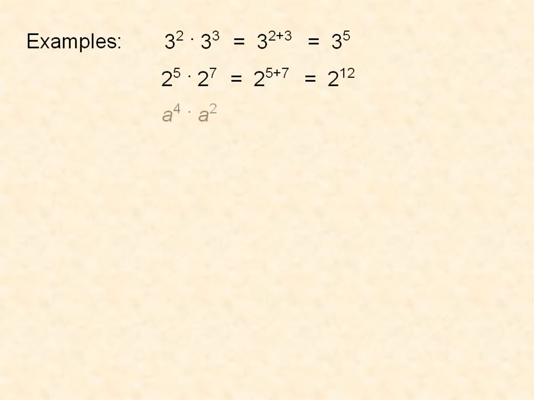A to the fourth times a squared is a to the 4 plus 2, so it's a to the 6th. P to the fifth times p to the third times p to the fourth is p to the 5 plus 3 plus 4, which is p to the 12th.